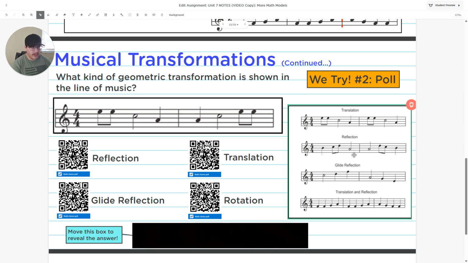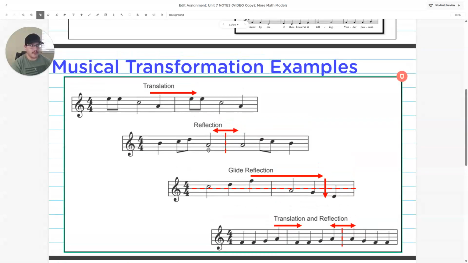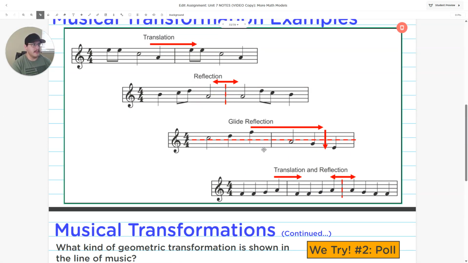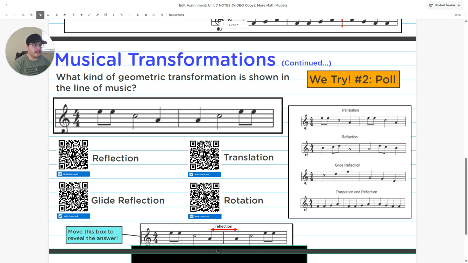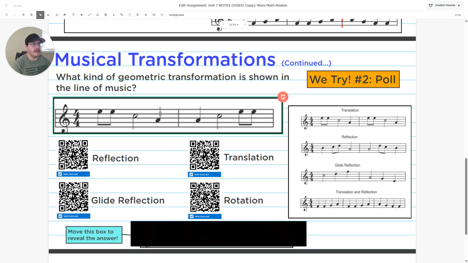If you need a reference, there's a reference over here on the right, or you can scroll up if you're using the class notes up here to see which one is which. All right, and your answer should be a reflection. It reflects from this bar line right here, from the left side to the right.